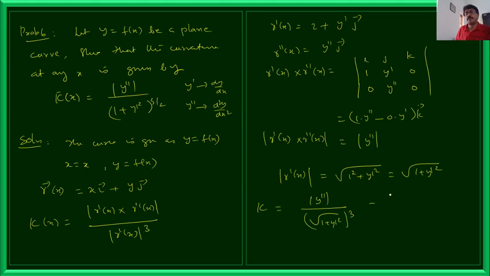It is equal to modulus of y double dash divided by 1 plus y dash square raised to 3 by 2. So this is the curvature at some point x. Actually, the curvature at x is given by modulus of d square y by dx square divided by 1 plus dy by dx whole square raised to 3 by 2, if the curve is given in the Cartesian form, y is equal to f of x.